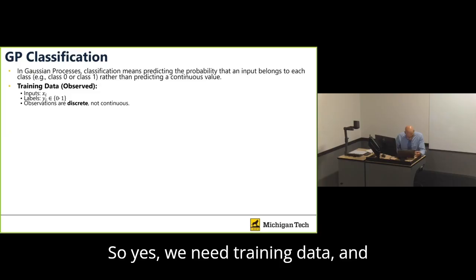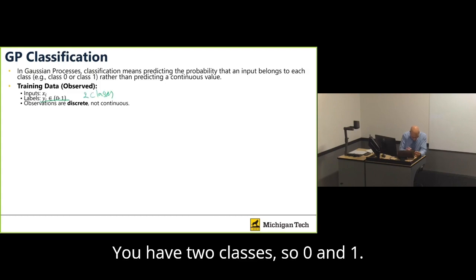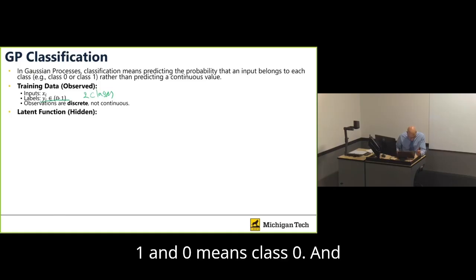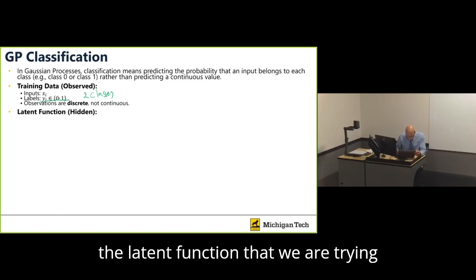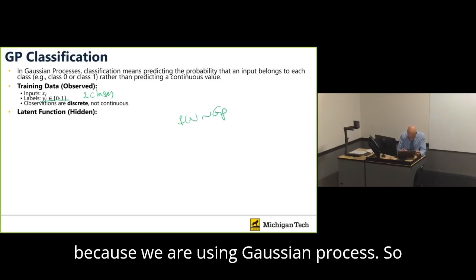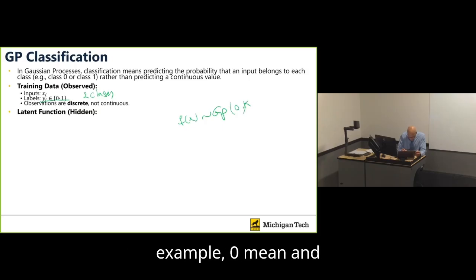So yes, we need training data, and training data is labeled, but here we have two classes, 0 and 1. 1 means, for example, class 1, and 0 means class 0. And the latent function that we are trying to find is f of x, and f of x is a Gaussian process. Because we are using Gaussian process, it has, for example, 0 mean and kernel k.